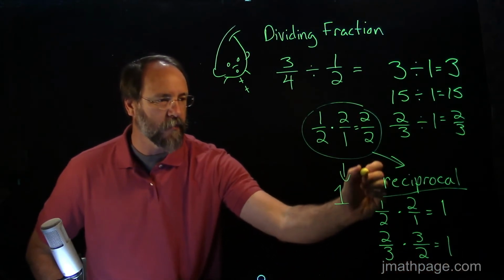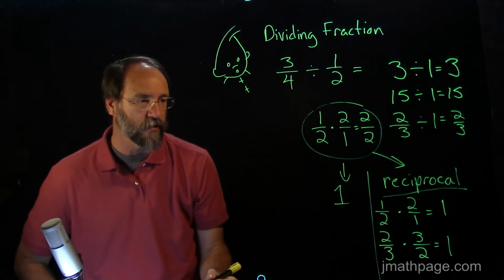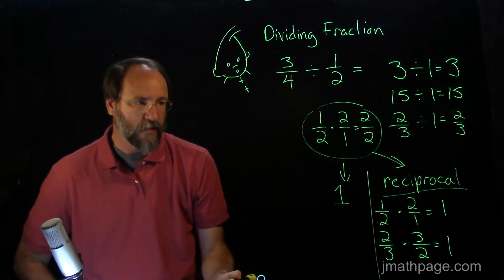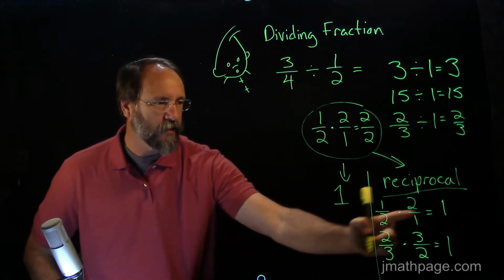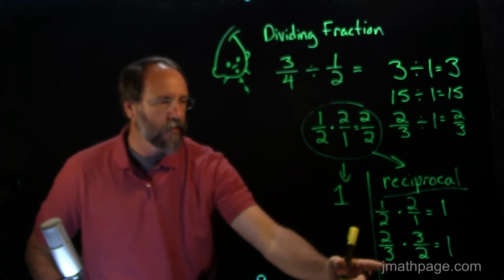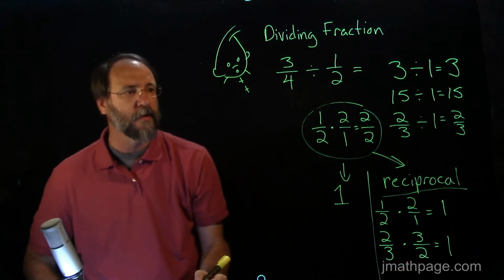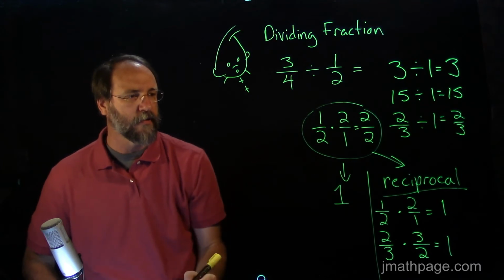Look at the pattern here. This will help you when multiplying and dividing fractions in the future, okay? A reciprocal is the number necessary that you need to use in order to multiply another number to make 1. So 1/2 to become 1 needs to have its reciprocal, 2/1. 2/3 to become 1 needs to use its reciprocal, 3/2. So I used 1/2's reciprocal here to make the whole number 1.